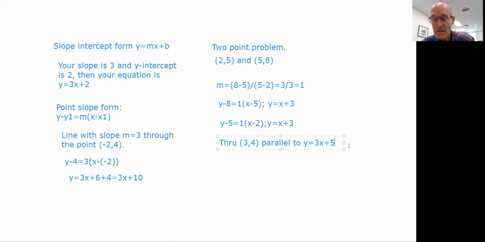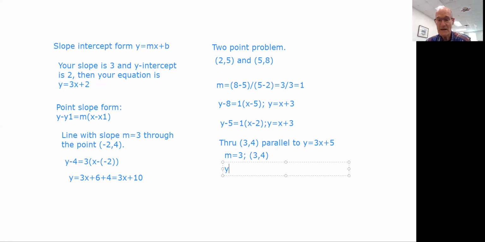Now remember, when you're parallel, the slope of your parallel line is the same. So the slope I'm looking at here is m equals 3, and my point is 3 comma 4. So I'm going to use my point slope once again.